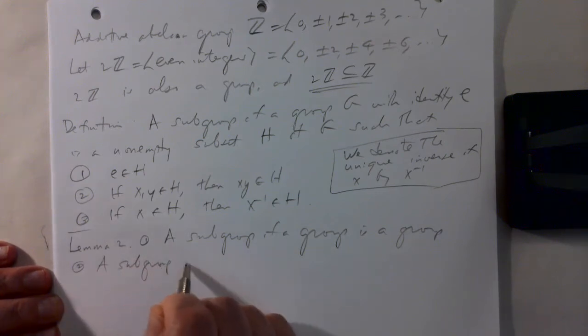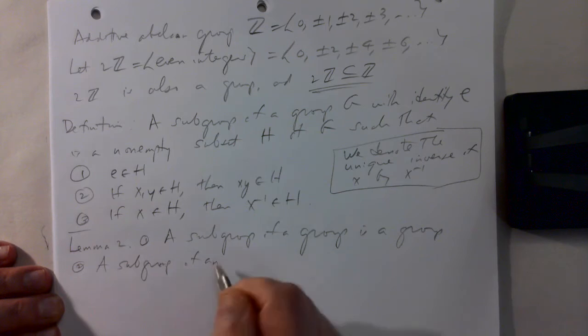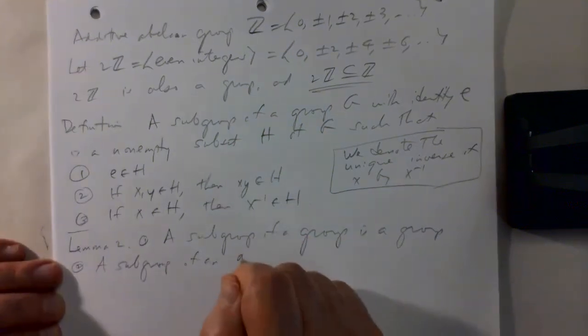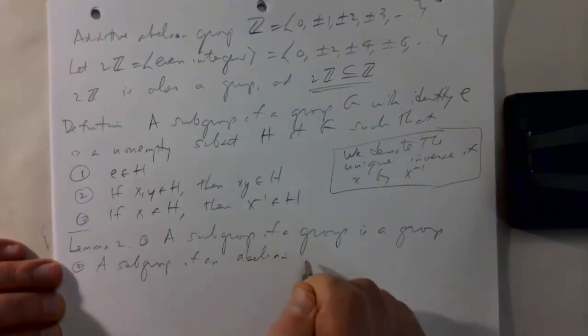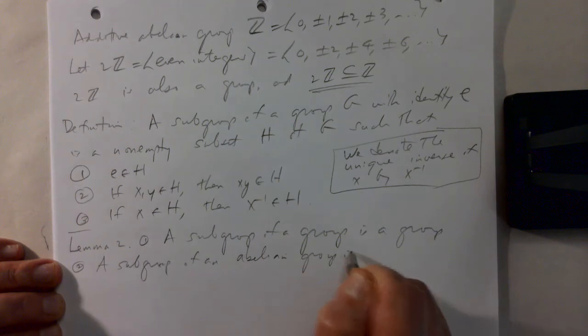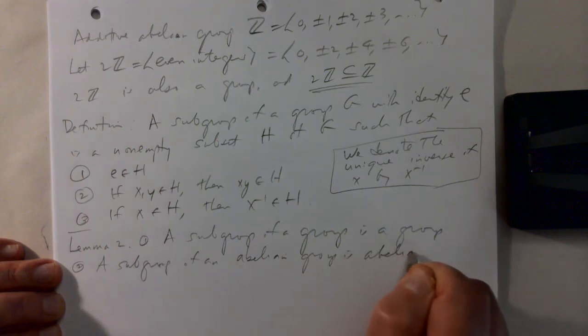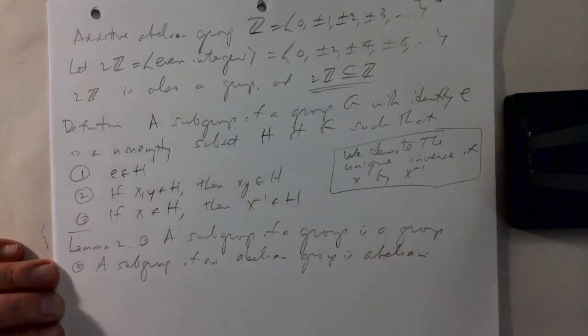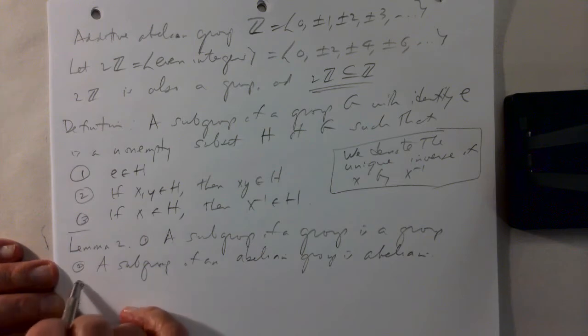A subgroup of an abelian group is always abelian. And we have a kind of chain condition.